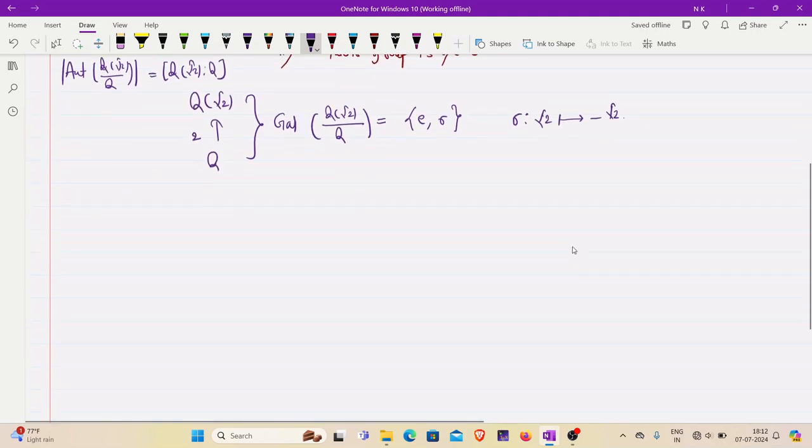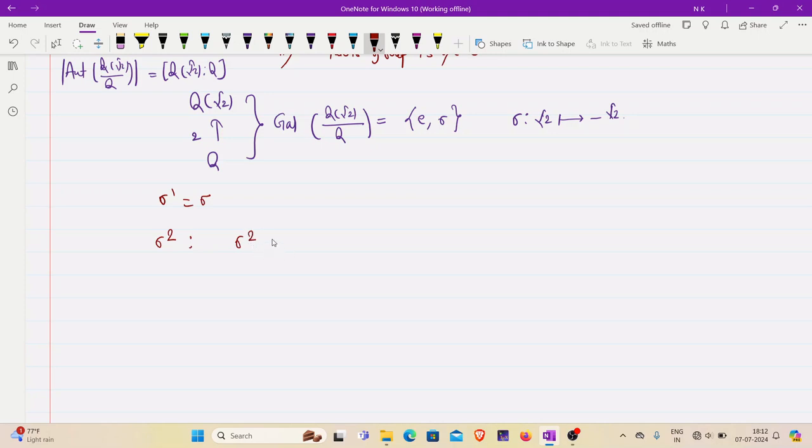For that, I will take the powers of sigma. Firstly, sigma raised to 1 is sigma. Let's try to identify sigma square. To do so, we take a random element, sigma square of a plus b root 2, where a plus b root 2 is a random element of Q(root 2). That is equal to sigma of sigma of a plus b root 2.